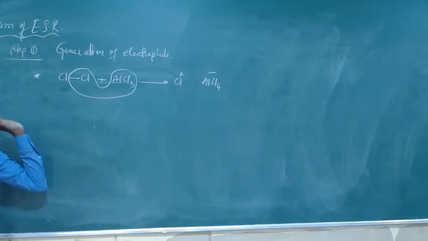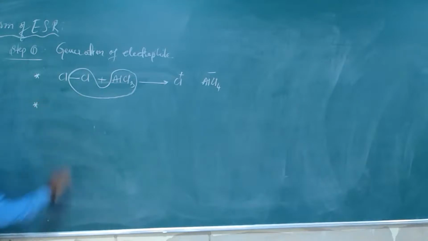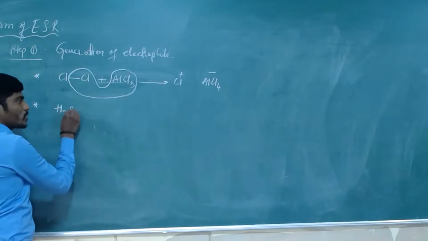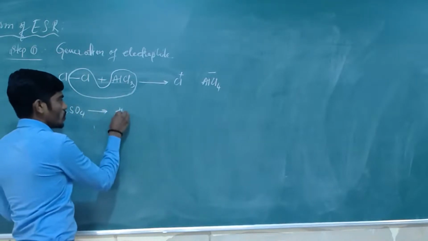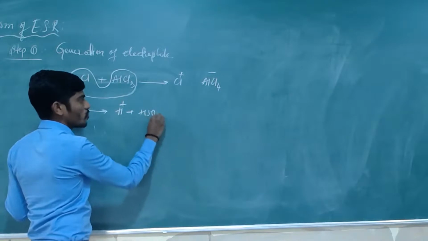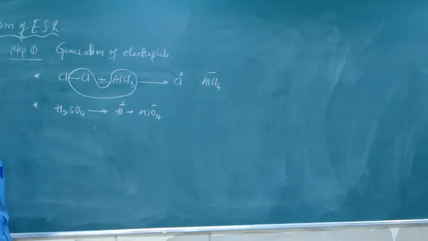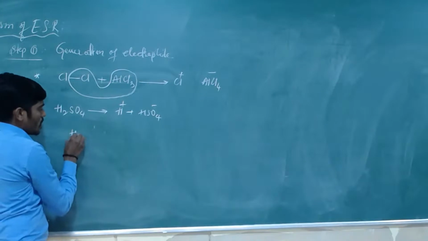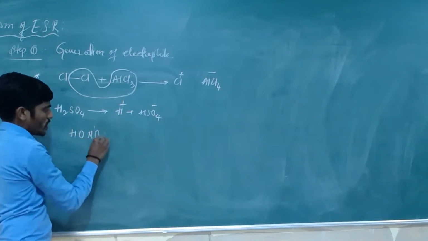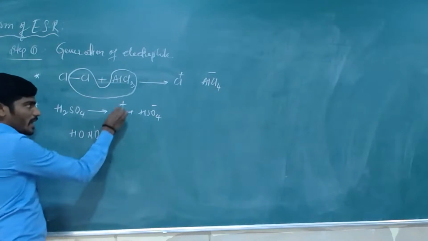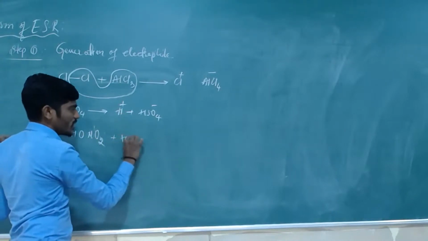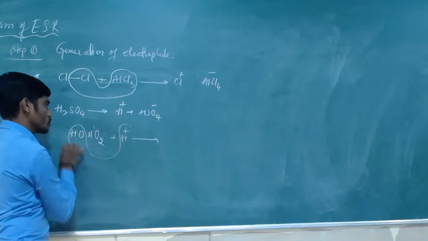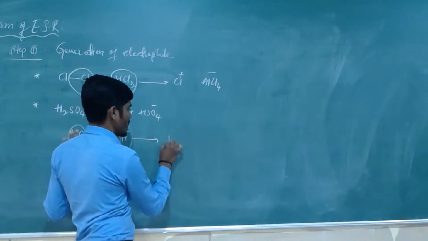Second, nitration. The nitrating mixture is HNO3 plus H2SO4. H2SO4 splits to give H plus and HSO4 minus. This H plus combines with the OH minus of HNO3 and water is liberated, leaving NO2 plus.